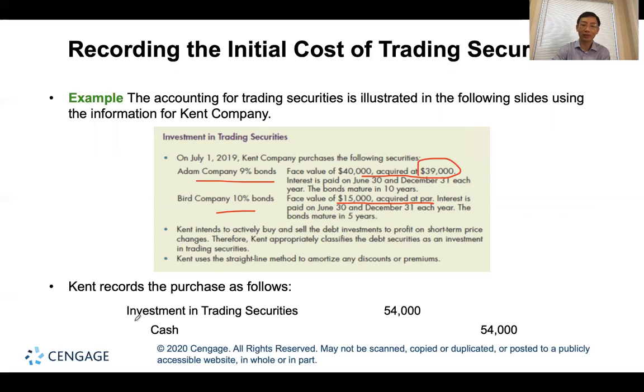So debit the investment in trading security, because the intent is to profit in a short time, for making money by just buying and selling, and credit cash, because we spend $39,000 plus $15,000.